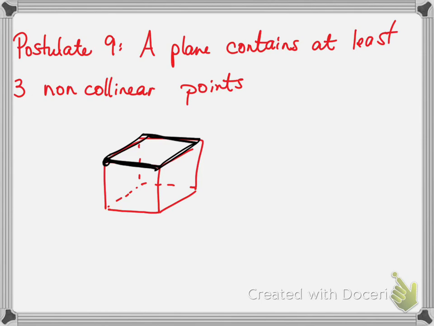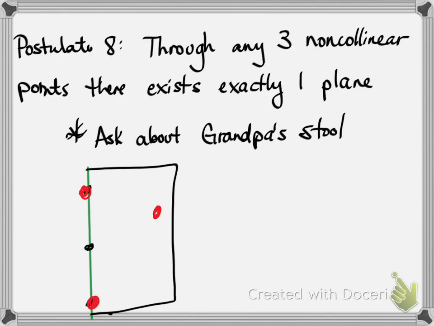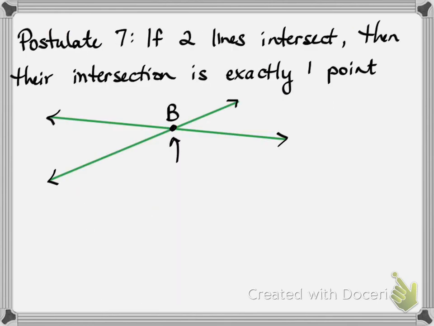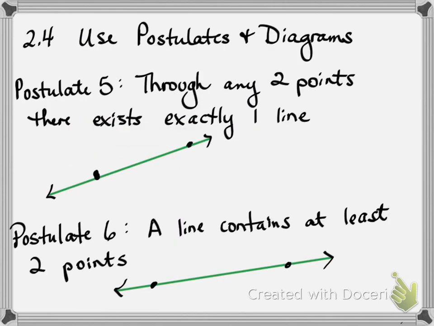And it has at least 3 non-collinear points. Got this point, and this point, and this point. It actually has 4, but 4 is at least 3. So let's back up to this one. A line contains at least 2 points. So it contains these 2 that allowed us to draw it, but there are others, but it has at least 2. All right, almost done with these.